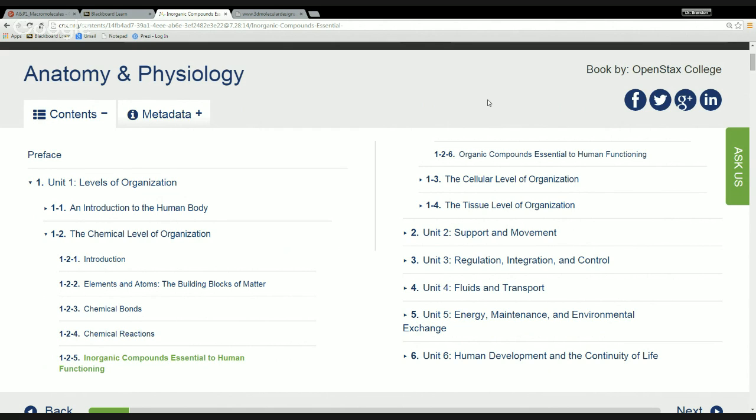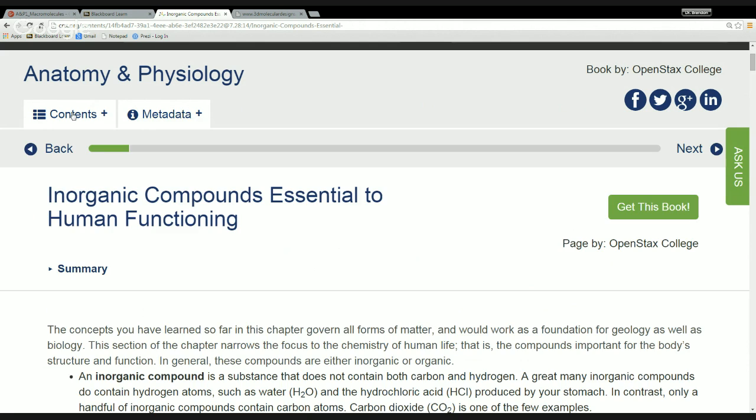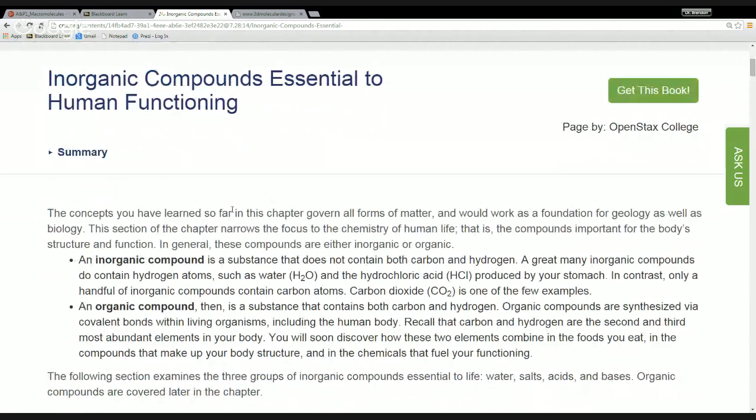These 2 sections have almost the exact same title, which is inorganic compounds, essentially human functioning, and organic compounds, essentially human functioning. So we'll just make that little distinction here. To begin with, this section just defines the difference between inorganic and organic.